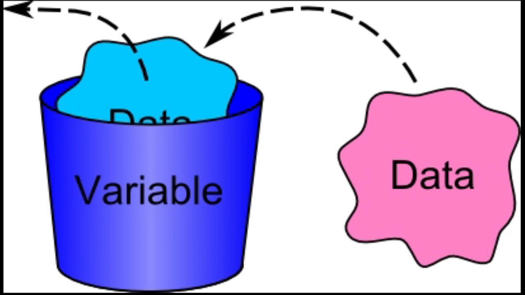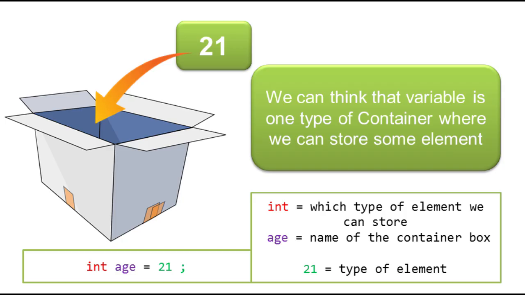Let's say, for example, you have 3 items. You have your sugar, you have your shoe, you have a stone. These 3 items, you want to store in a container for later use. So in order to store these 3 items, you need to create a container, a box that will contain those 3 items.